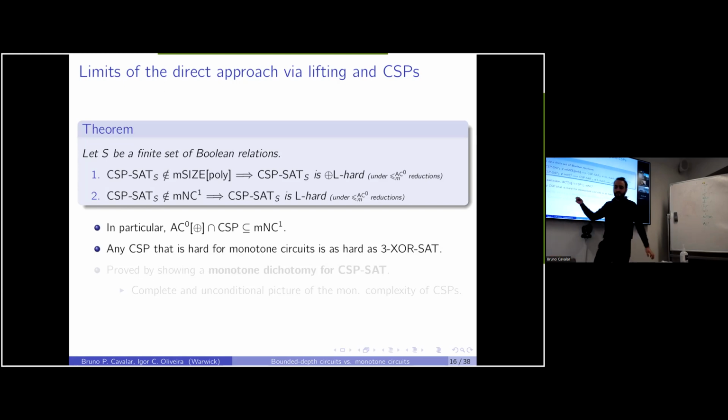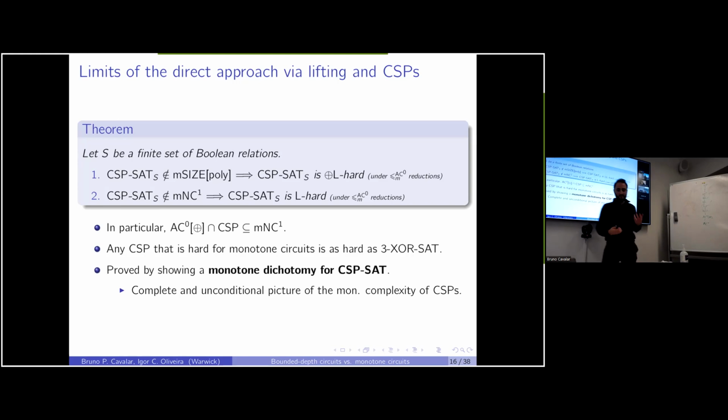Right, so a CSP that is hard for monotone circuits is as hard as 3XOR-SAT. As we'll see, 3XOR-SAT is parity-L hard. And the way we do this is by showing a monotone dichotomy for CSP-SAT. So if you've seen those dichotomies for CSPs, the first one that was shown in the 70s by Schaefer is that every Boolean CSP problem is either computed by polynomial time algorithms or is NP-complete, right?